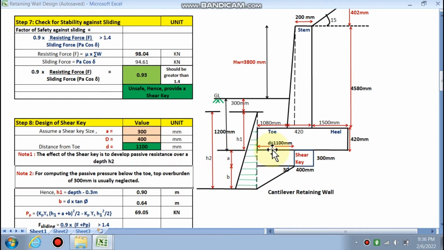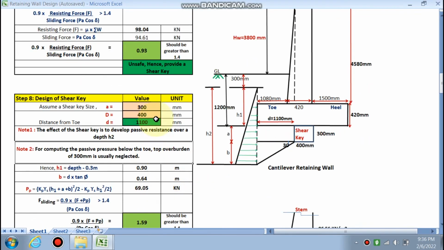It should be noticed that the shear key should come under the stem, it should not be outside the stem, right? You can choose 200 by 400 mm also, but we are choosing 300 by 400 mm.